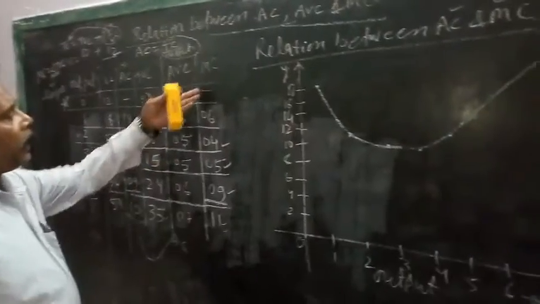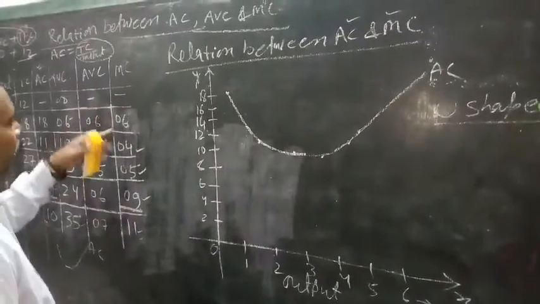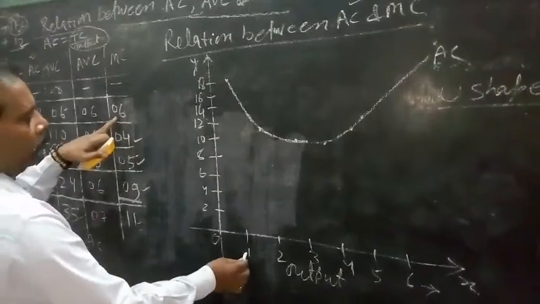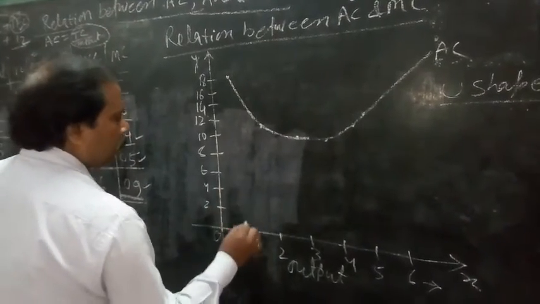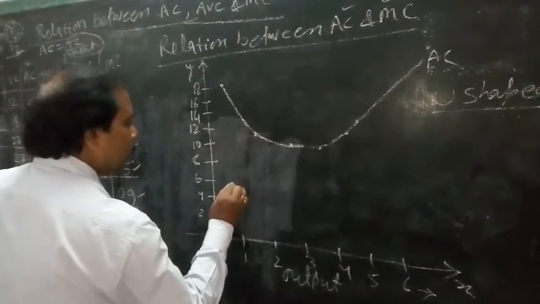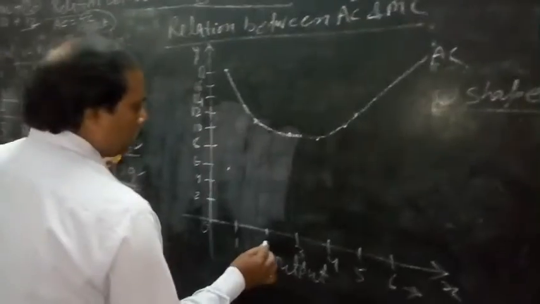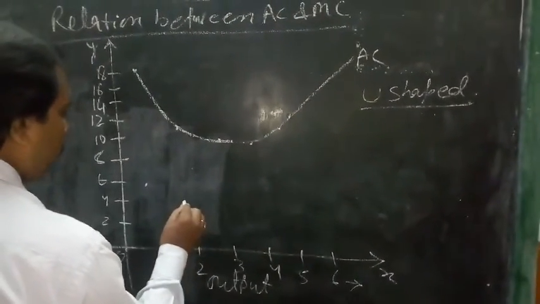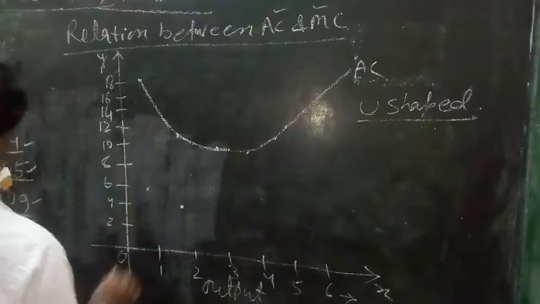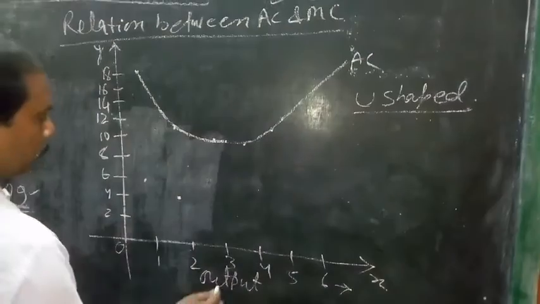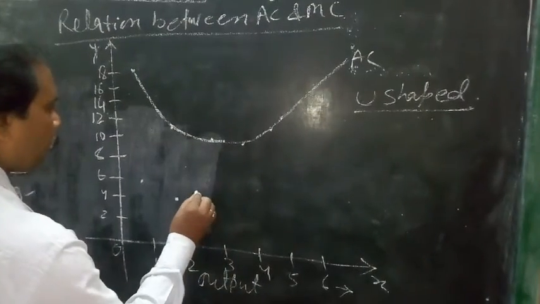Now come to the MC. So when output is 1, the value of MC is only 6. Is it clear? When we produce the second unit, the value of MC is 4. When we produce the third unit, the value of MC is 5.